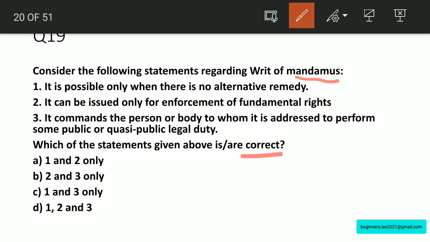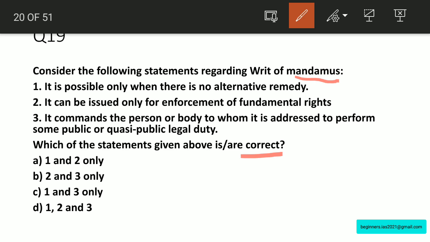Also, one has to know that it can be issued against any public body, a corporation, inferior courts or tribunals, or government for the same purpose, but it is not issued against private individuals or private things.